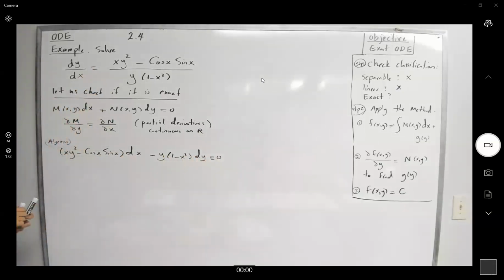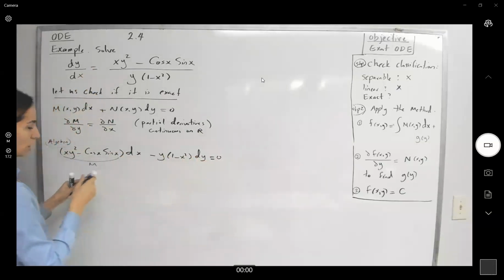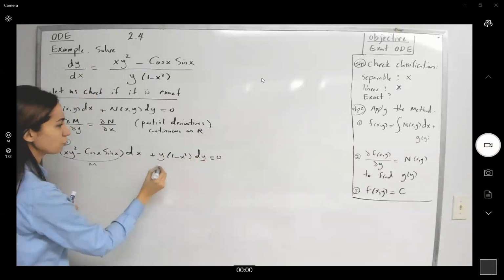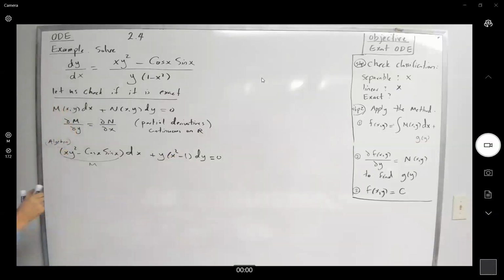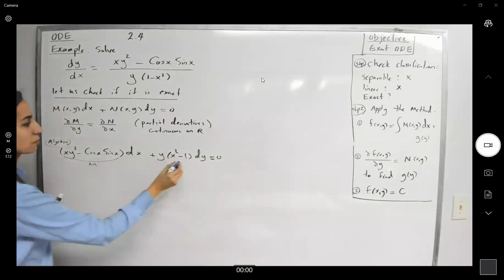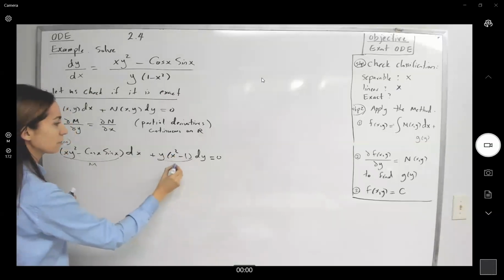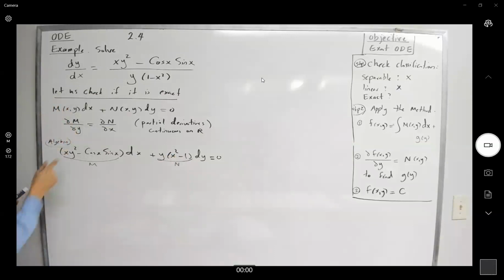So here we see we have our M, and here we have our N. Okay, let's just distribute this negative sign here, x squared minus 1. This is our N.